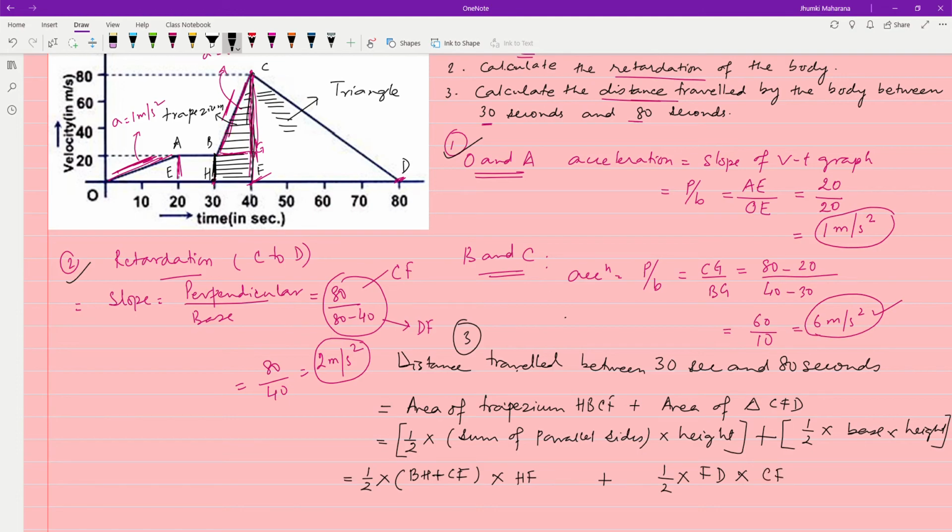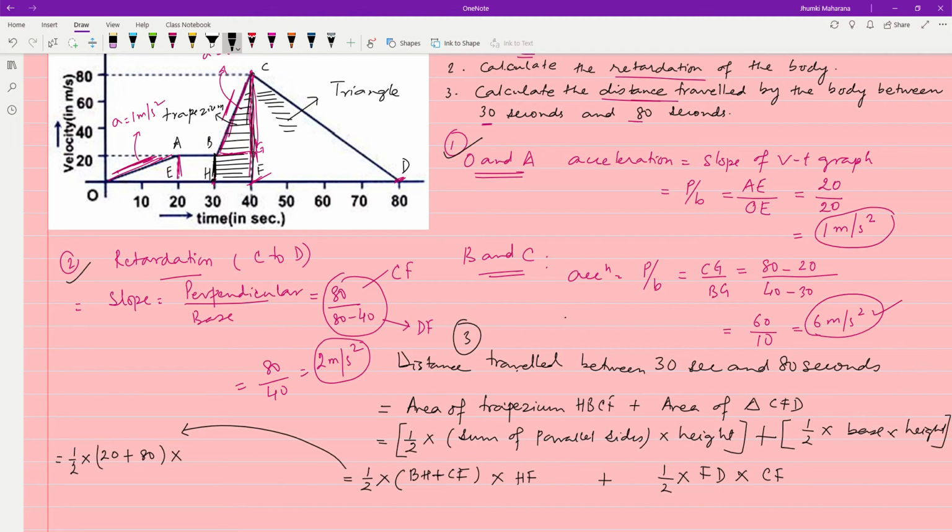Actually we are finding out the area of the trapezium, so we can continue here. So this is half into BH. BH is how much? 20 plus CF is how much? CF is 80, multiply HF.